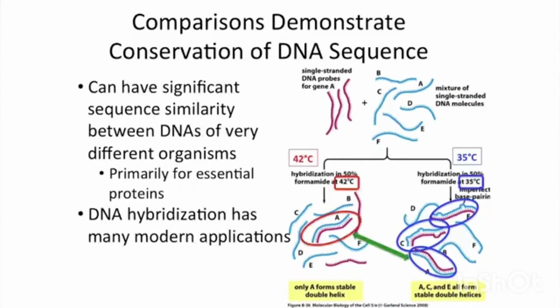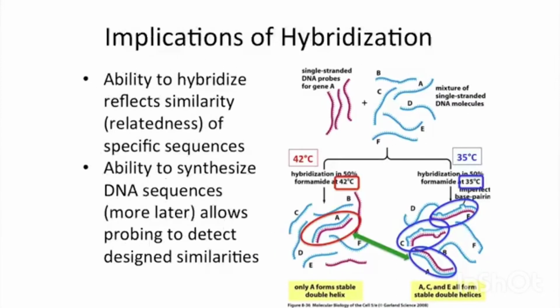This allows us to compare sequences. Hybridization then reflects the similarity of the sequences. And this ability to use temperature to compare the hybridization has multiple modern applications. We're going to go through one of those that allows detection of specific sequences.